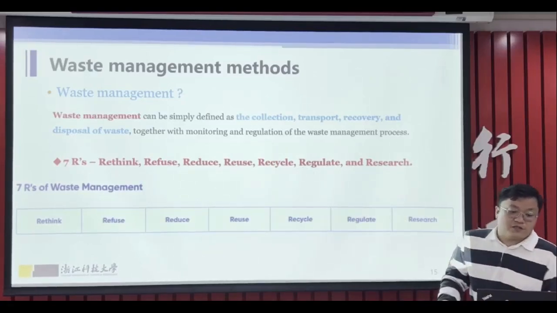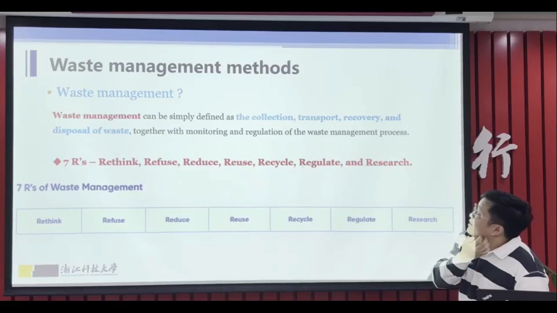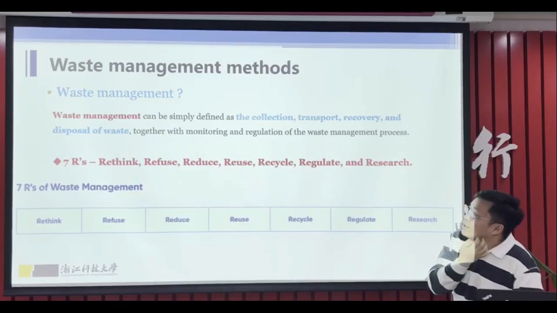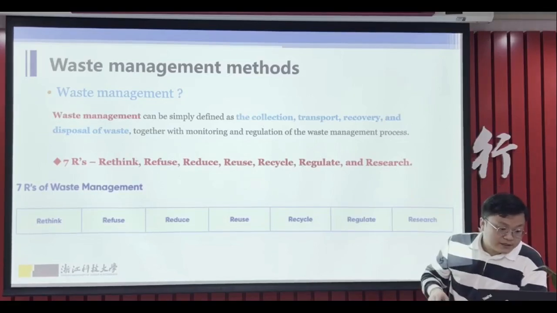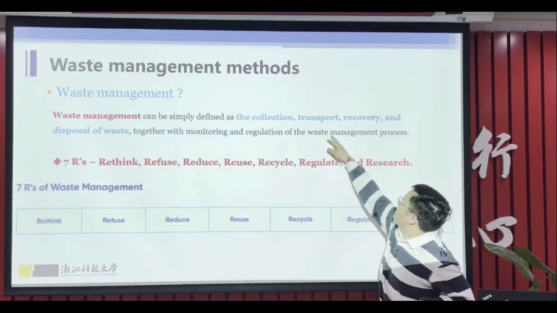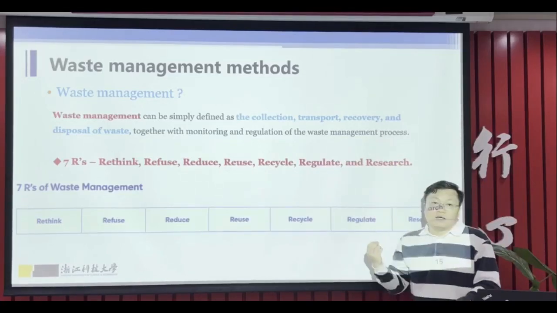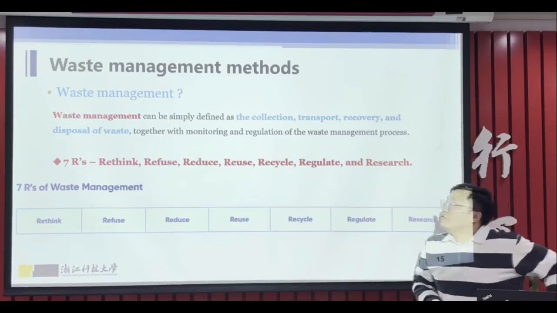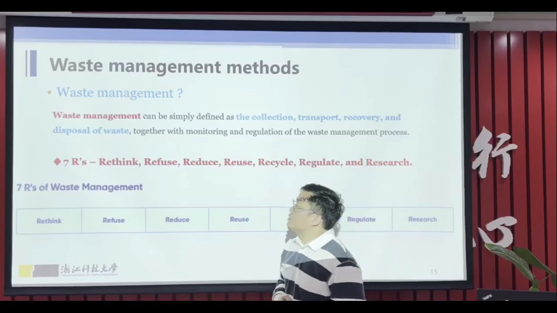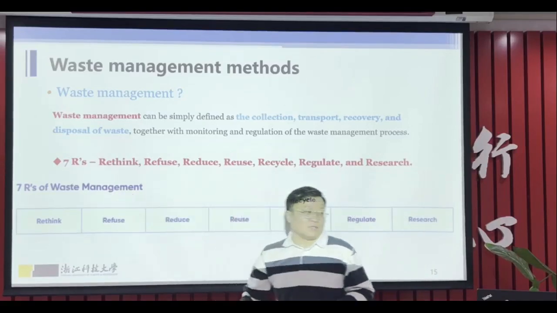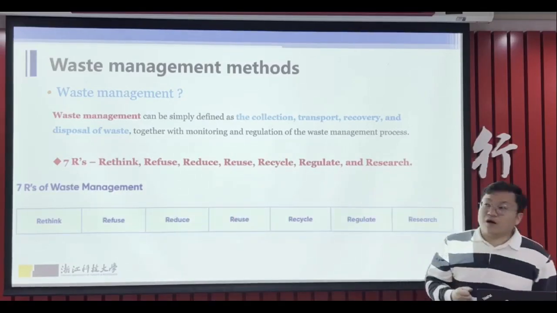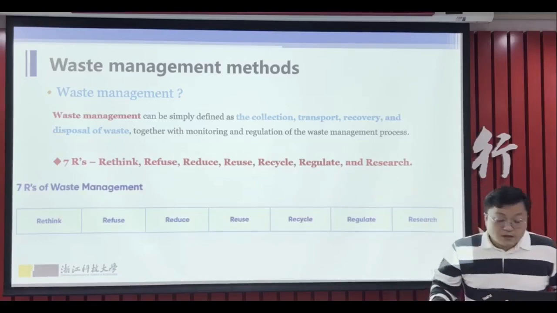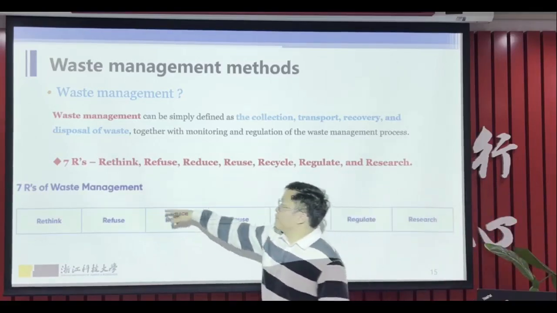So waste management is the collection, transport, recovery, and disposal of waste, together with the monitoring of the waste management processes. And for waste management, we have the 7 R's guidelines, which is first, rethink.